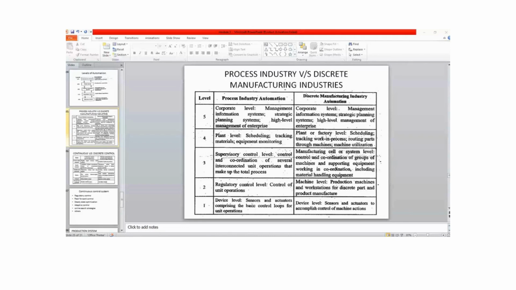Anything? So both are related to automation only. Both the industries come under automation levels. So now you tell by considering the name, what is that?